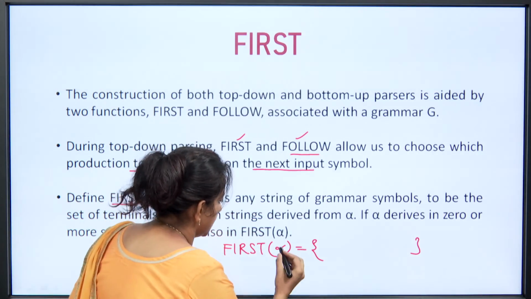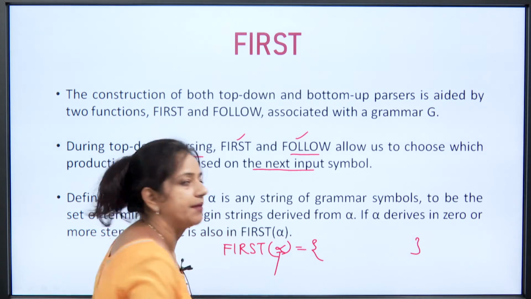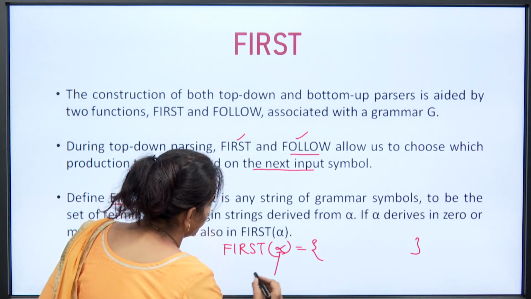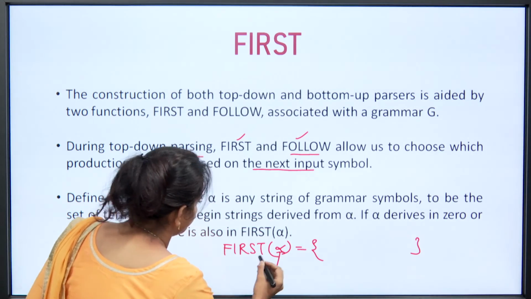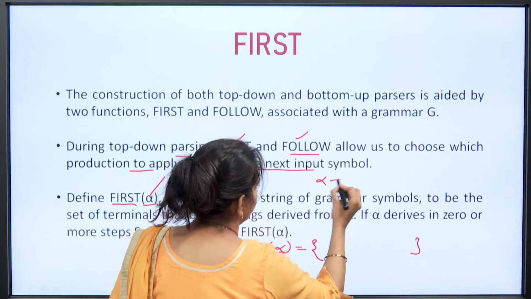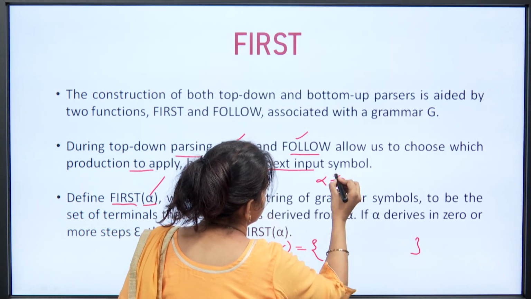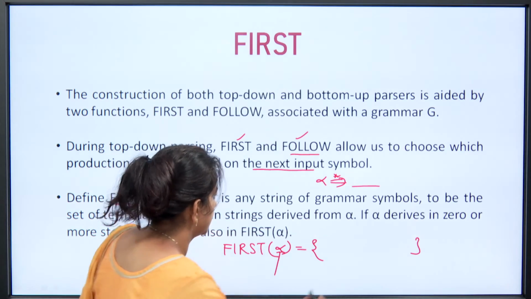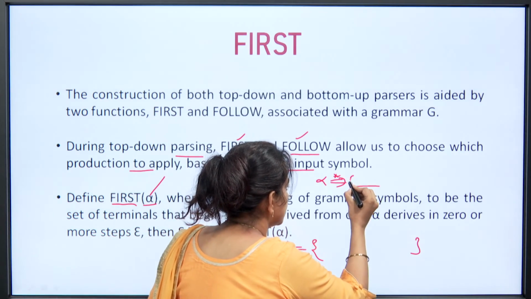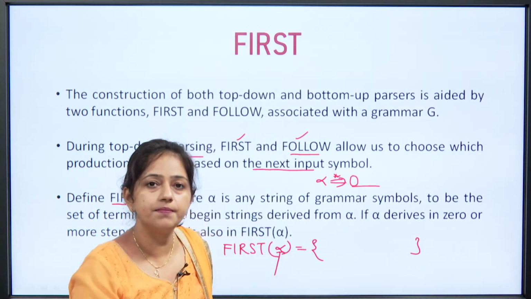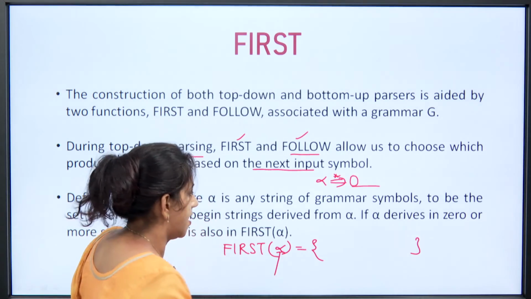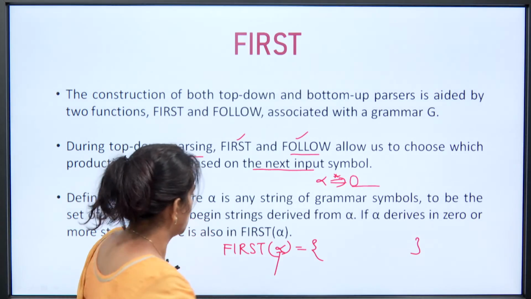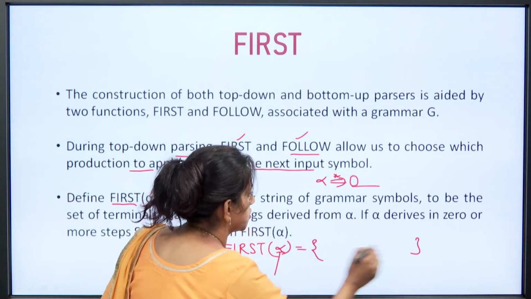Alpha will derive, in 0 or more steps, some strings, and the starting terminals of the derivable strings from alpha are called first of alpha.